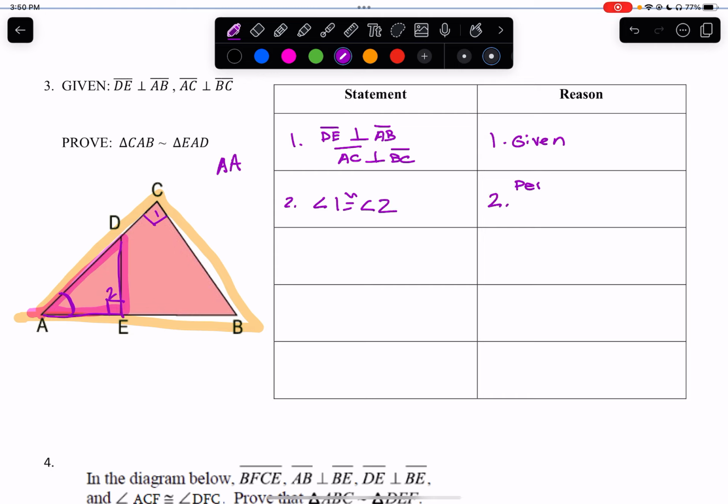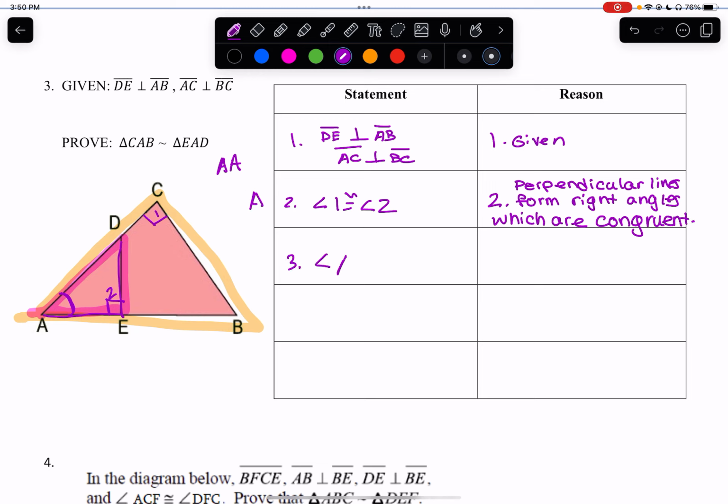Reason: perpendicular lines form right angles, which are congruent. So that was my first pair of angles.